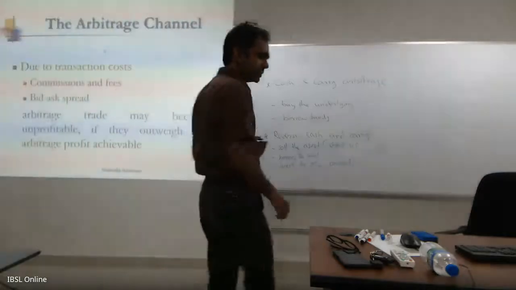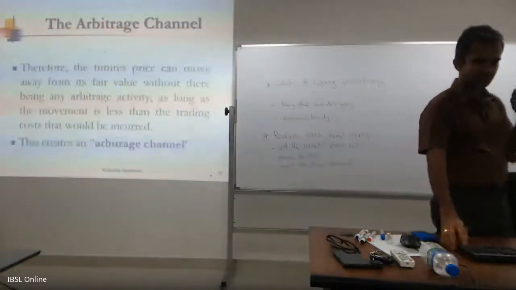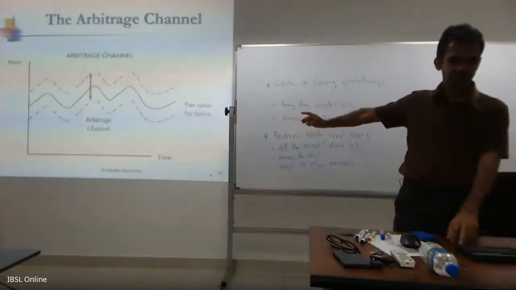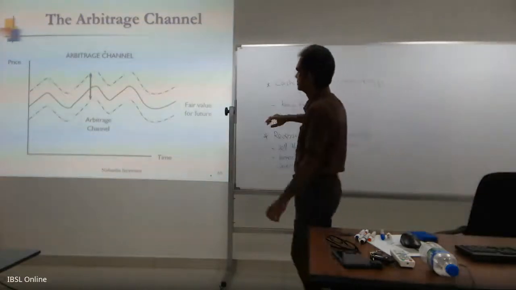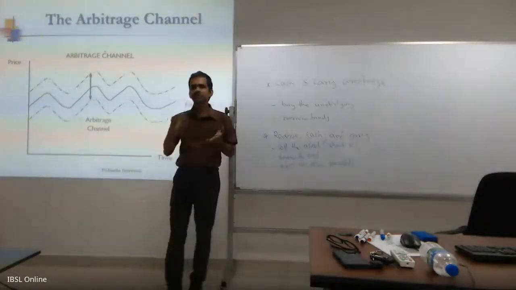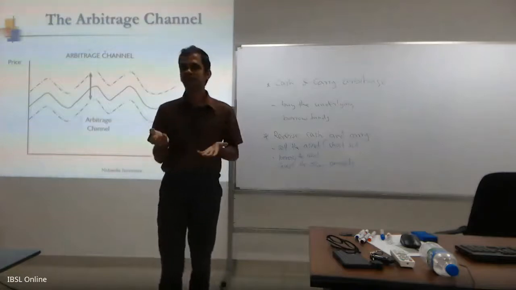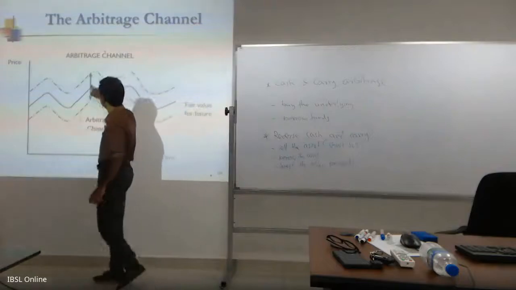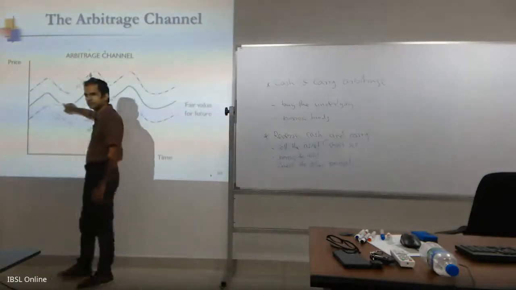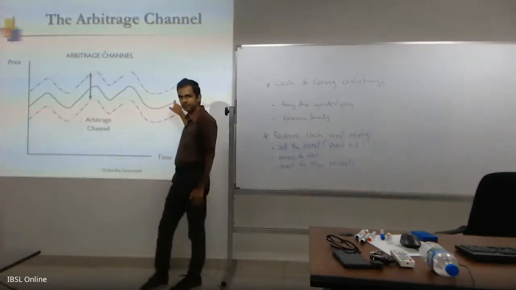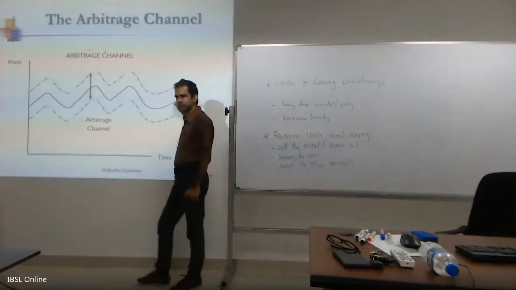Therefore, based on these factors, there will be a thing called the arbitrage channel. What does it mean? Within that channel, there may be a difference between market value and the fair value. This is the fair value. Theoretically, based on the given prices, you will get this price. That's the theoretical fair value of the futures contract.